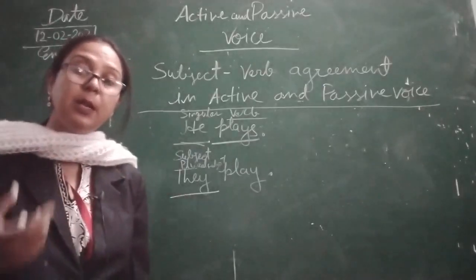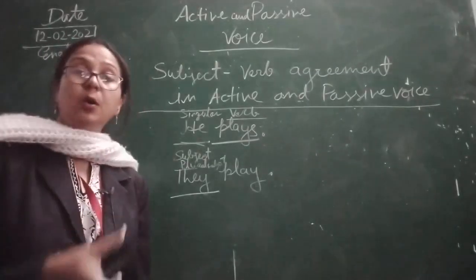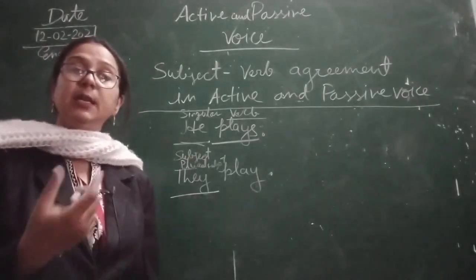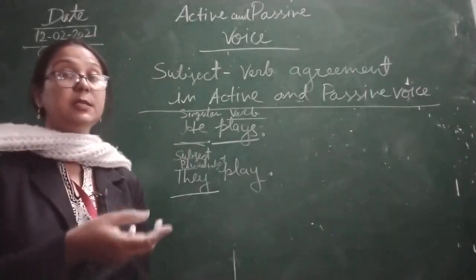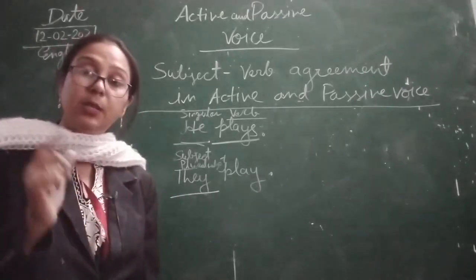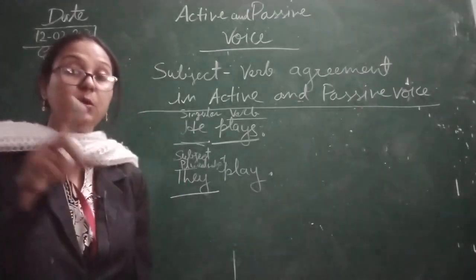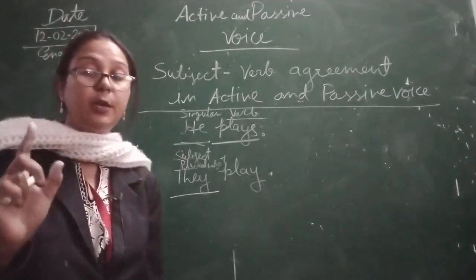Subject verb agreement means the subject and the verb work together in the sentence in a collaborative way, because they both depend on each other. The verb will change according to the subject.